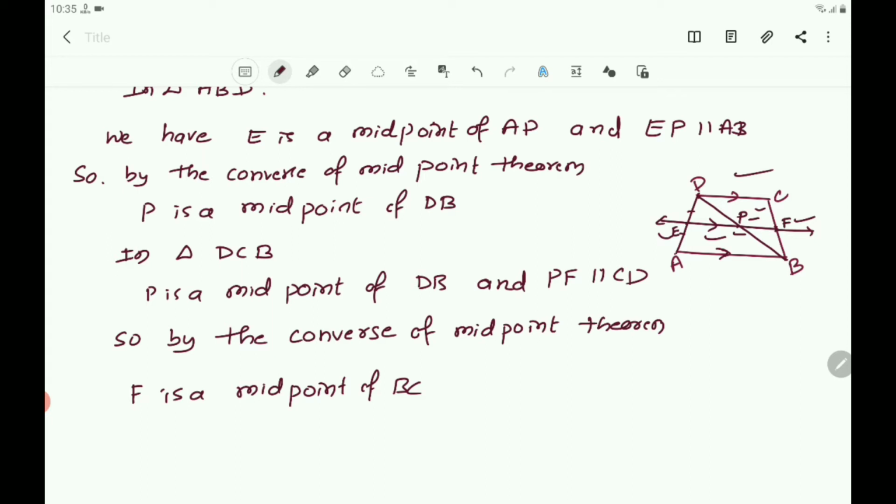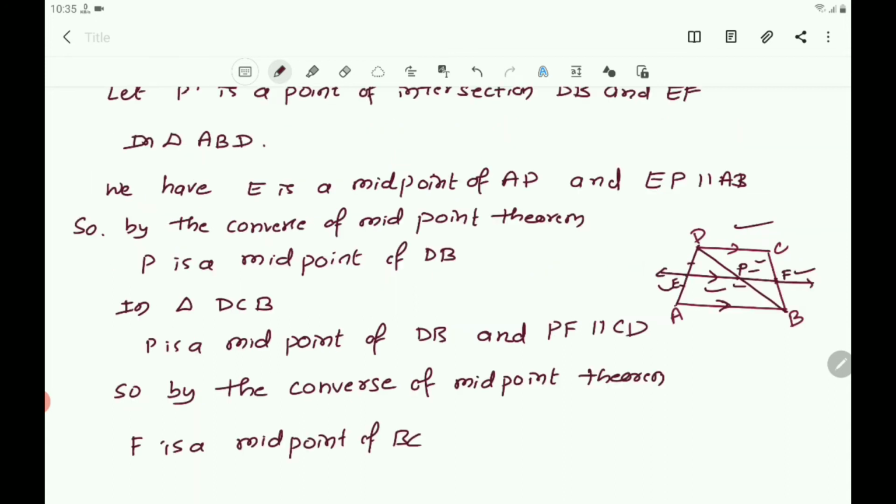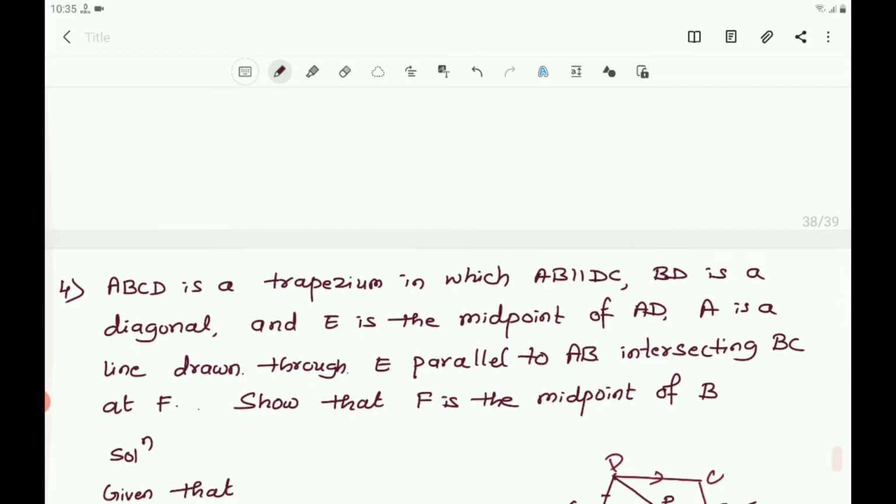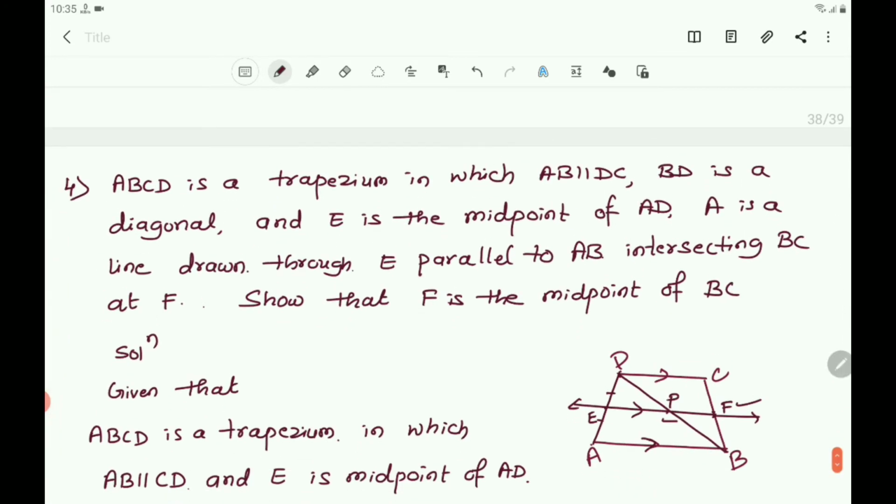In this way, as E is a midpoint of AD, you got F is the midpoint of BC.